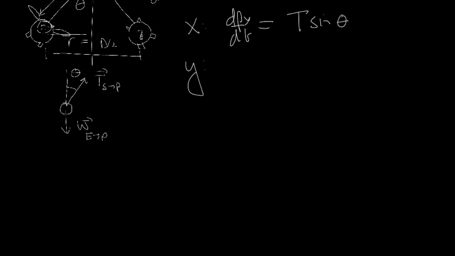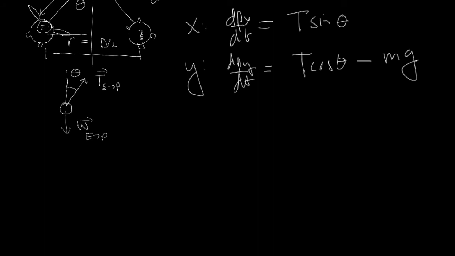And there's nothing else. The weight force has no x component, so that's the only game in town. Let's look at the y component of dp dt. Now there are two forces that have y components. The tension has a y component, T times the cosine of theta. And of course the weight has a y component, which is downward, which is minus mg.